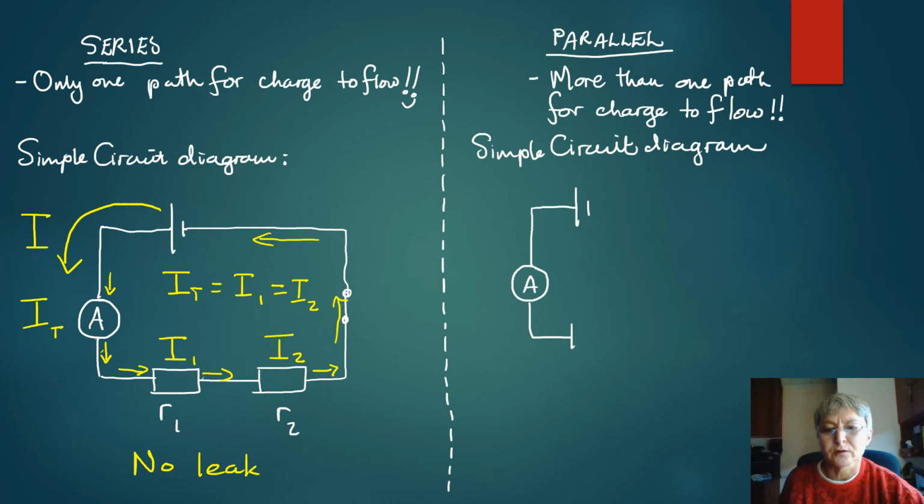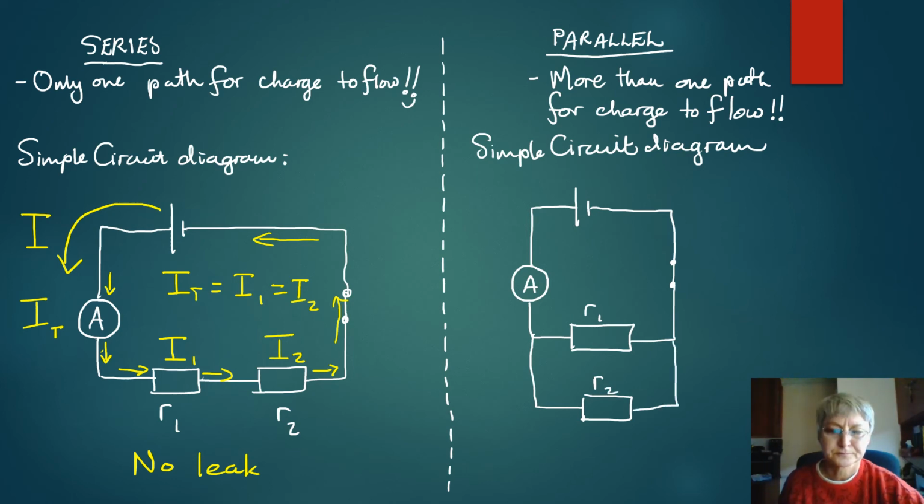So let's use our R1, which is connected to a switch and to the battery, but here there is a split in the circuit and R2 is connected parallel to R1. So once again we consider conventional current, so the current flows counterclockwise.